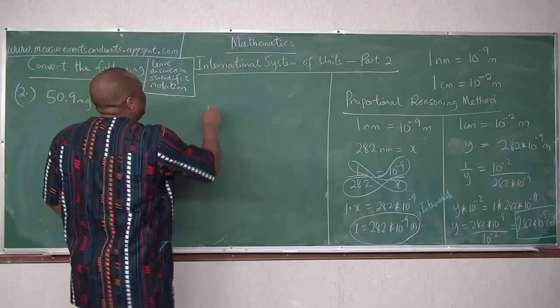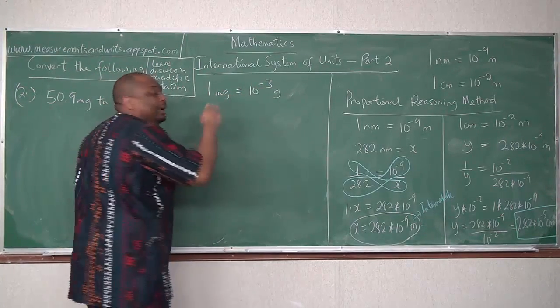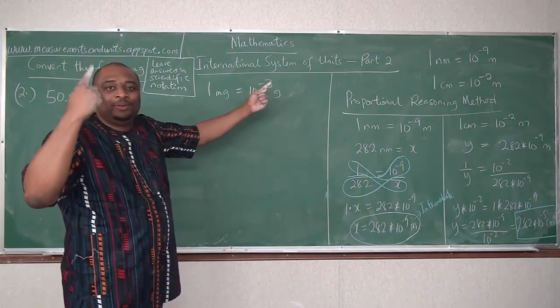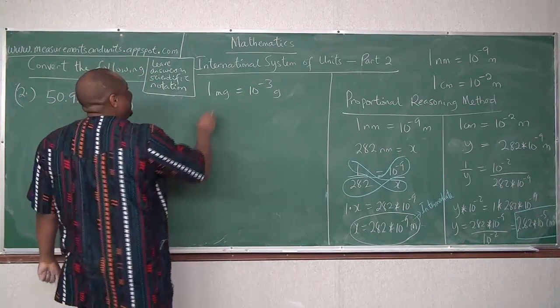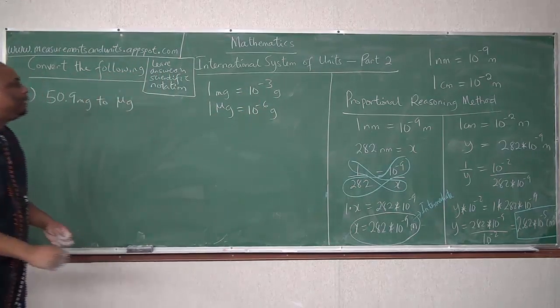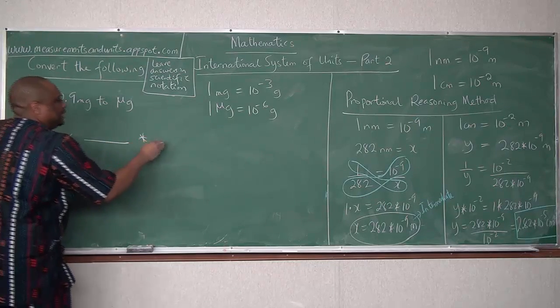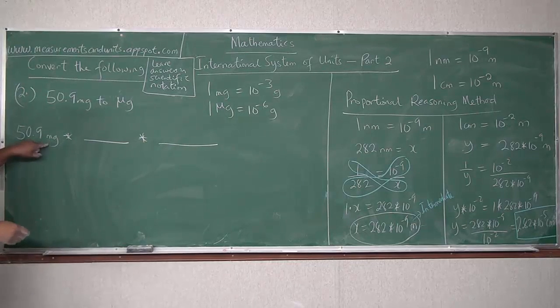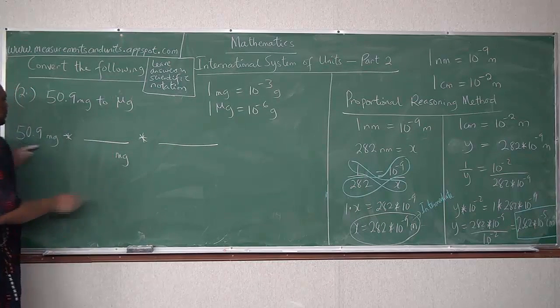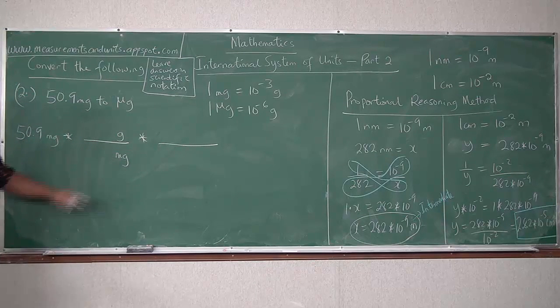Now we know that 1 milligram is 10 to the power negative 3 gram. We did it in part 1. And then 1 microgram is 10 to the power negative 6 gram. So we write 50.9 milligram first, times. We have to set it up. The milligram, we write it here, and then the gram here, so milligram can cross out milligram.